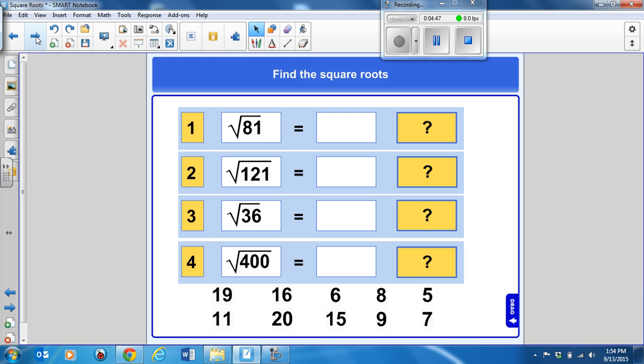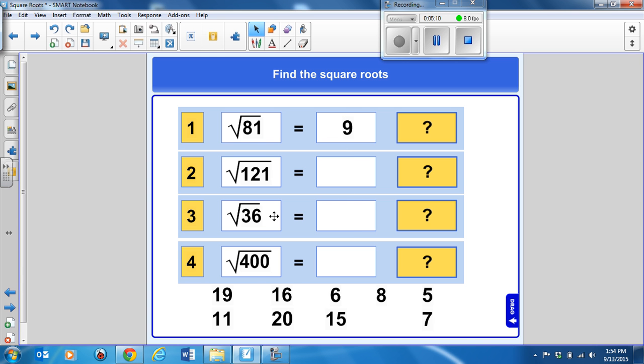Alright, so here we have the square root of 81. So what we have to ask ourselves is what number do we have to square or times by itself in order to get 81, 121, 36, and 400. So take a moment, pause the video if you need to, and think about what each of these would be. So 9 squared would be 81.